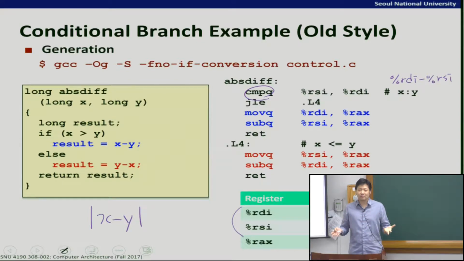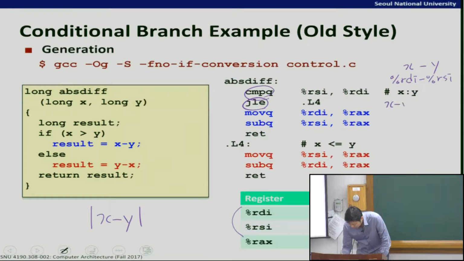It just computes the difference, but doesn't update the value of the register, right? That's what the CMP instruction does. RDI minus RSI means x minus y, right? So this instruction computes x minus y, and in the next instruction, JLE means that if x minus y is less than or equal to 0, then we jump to the point pointed to by label L4, right?